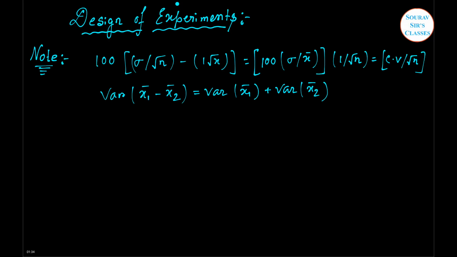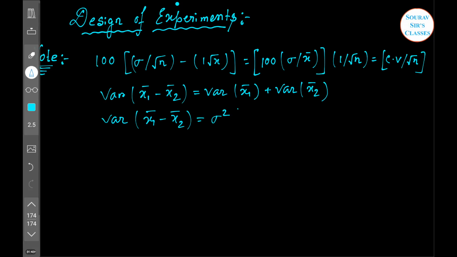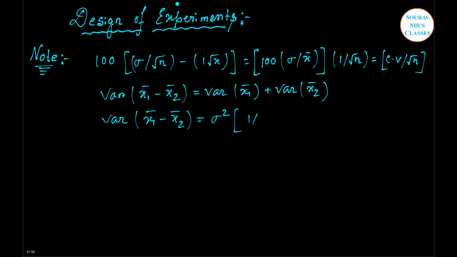The covariance term vanishes since x1 bar and x2 bar are independent. Then variance of x1 bar minus x2 bar equals sigma square into 1 by R1 plus 1 by R2, where sigma square as usual is estimated from error variance.